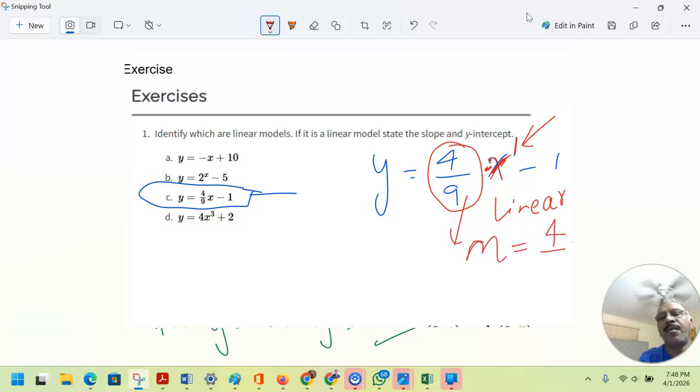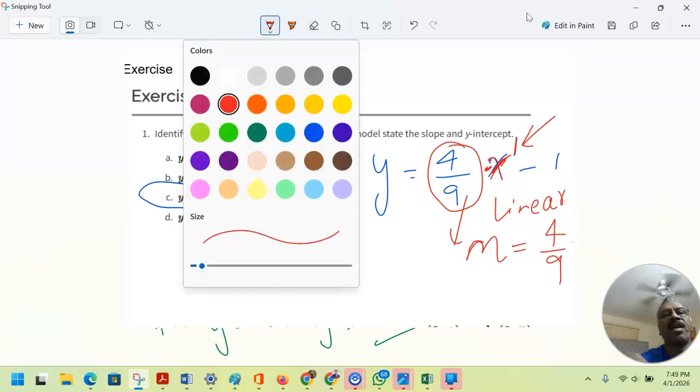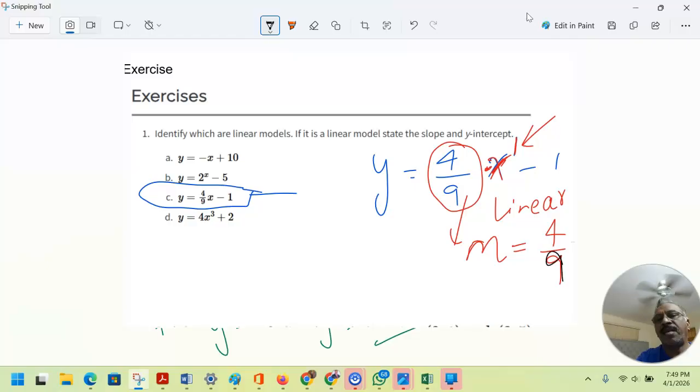The rate of change, the slope, is 4 over 9, and the y-intercept b is minus 1.